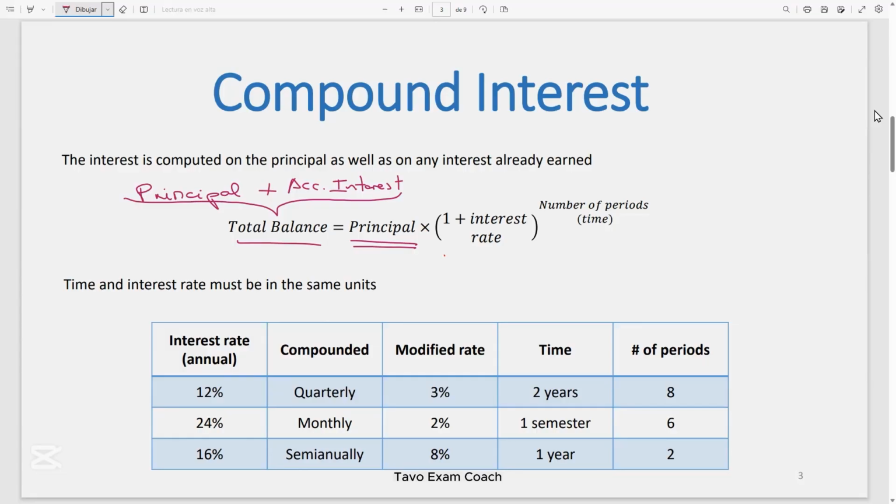How can we work with these calculations considering that in the GMAT, we are given interest rates that are not always referred to the same period when the interest is accumulated? We are given normally an annual rate, but then a frequency of interest accumulation indicated by the phrase compounded or accumulated quarterly, monthly, semi-annually, or annually perhaps.